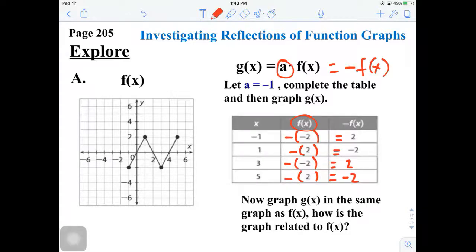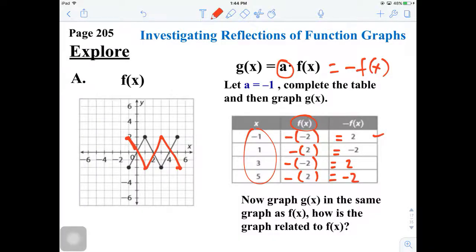So let's graph those x values right here with the new y. So -1, 2 is here, and then 1, -2 is here, and 3, 2 is here, and then 5, -2 is here. So if we connect that, we should have the letter n flipped.